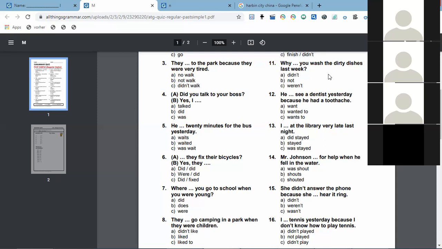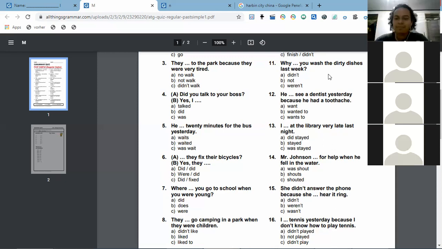Because it's an interrogative sentence, and if it were weren't, like what you said earlier, kakak... wait, pass, kakak. That's okay. Take your time.